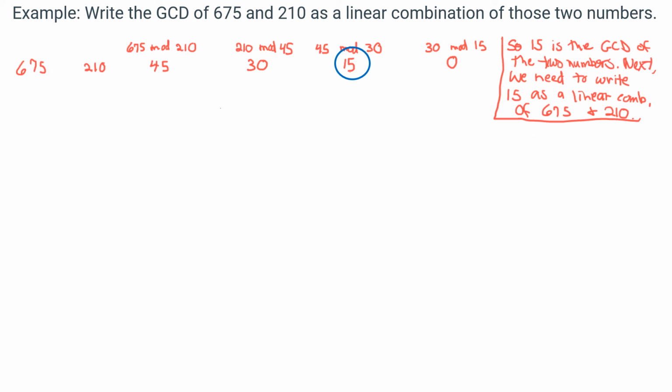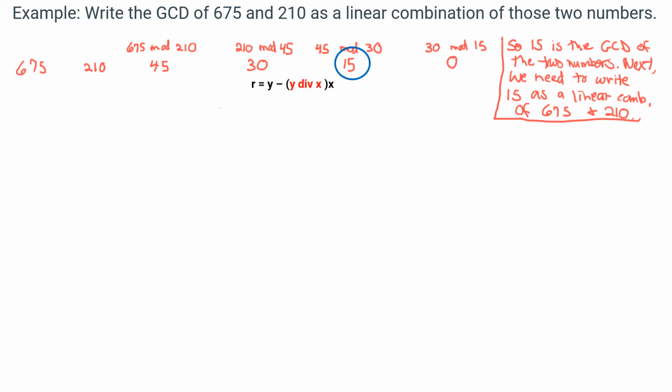And so next, though, since we're doing the extended Euclidean algorithm, because the question was to write that GCD as a linear combination of the two numbers, we need to then come up with some equations in order to be able to write 15 as a linear combination of those two original numbers.